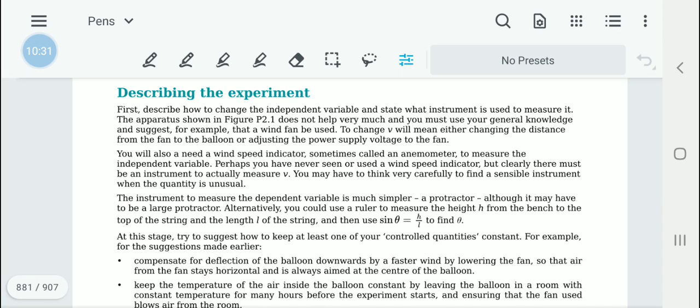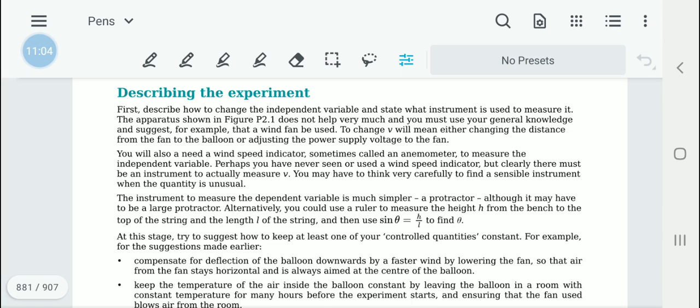Using a protractor. When you think of a protractor, you might think of the protractor that you have in your instrument box, but it is not the only protractor in existence, right? There are protractors which are quite large. So you might want to say you use a large protractor, or else you can use the trigonometric ratios to find the angle as well.